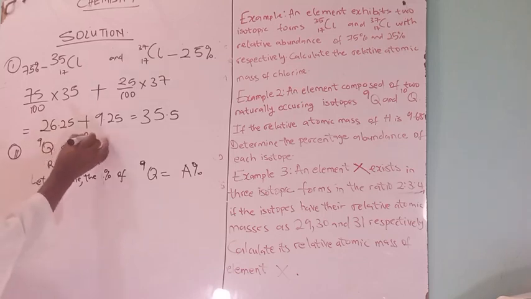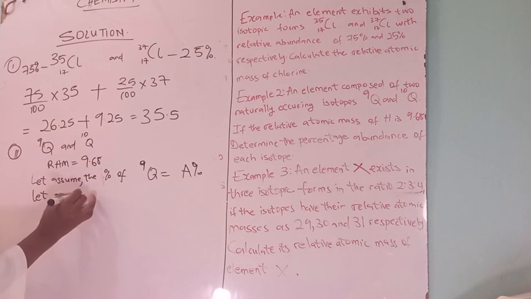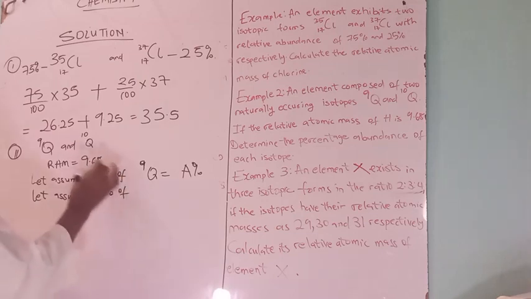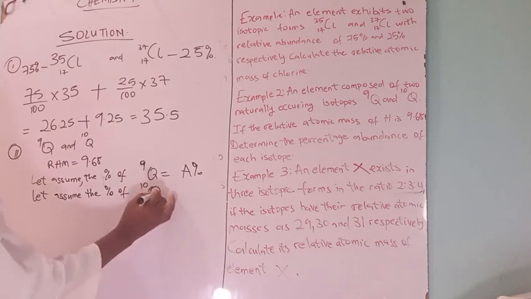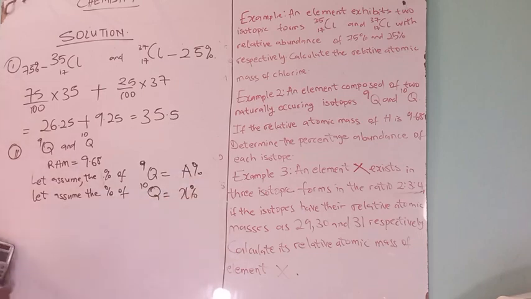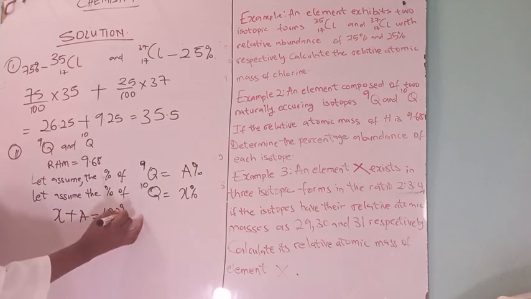So now let's assume the percentage abundance of 10Q, the one with atomic mass 10, equals X%. And X plus A equals 100%.